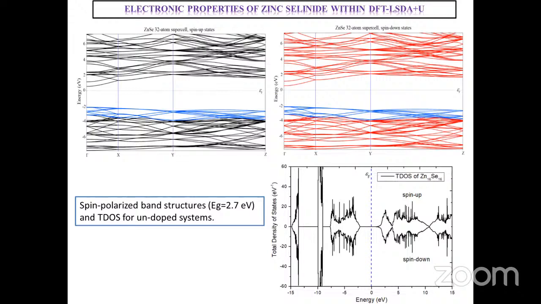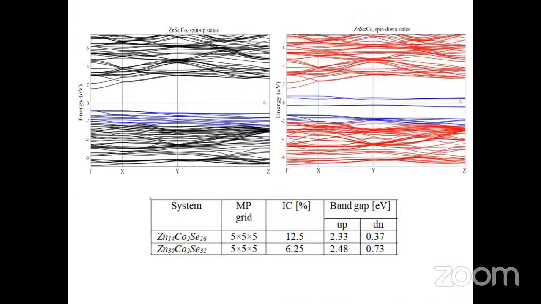And in this slide, you can see the cobalt zinc selenide systems for both spin up and spin down structures. We see that the cobalt zinc selenide spatial structure shows a semiconducting nature.